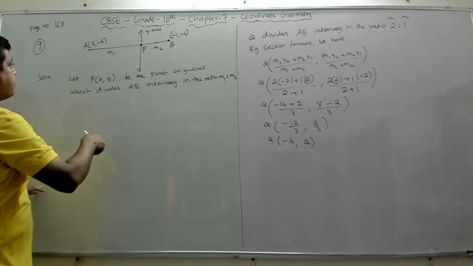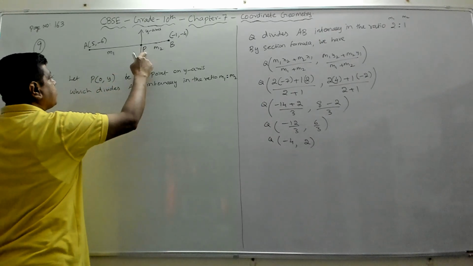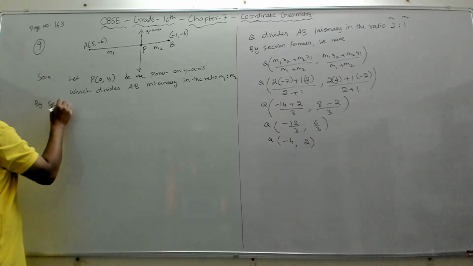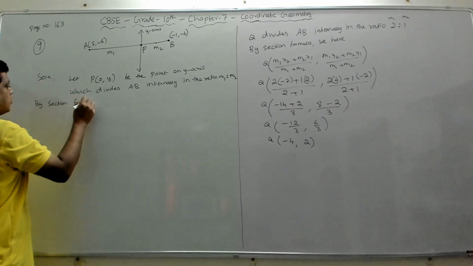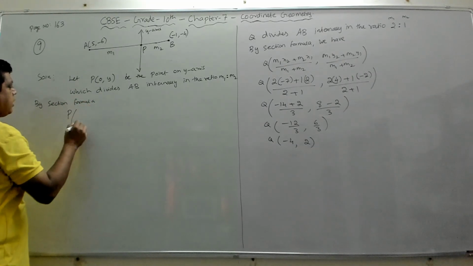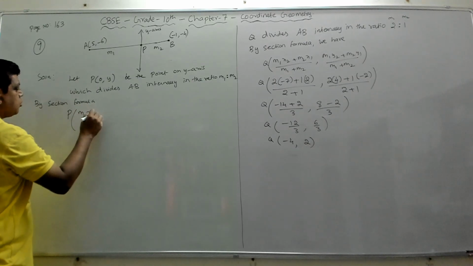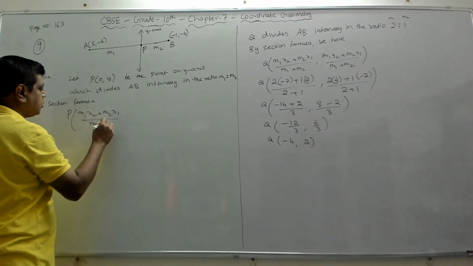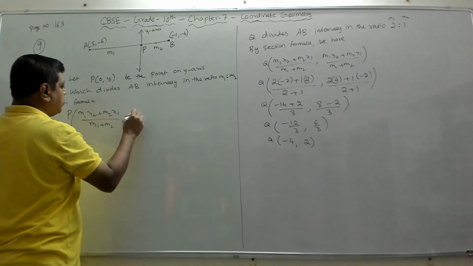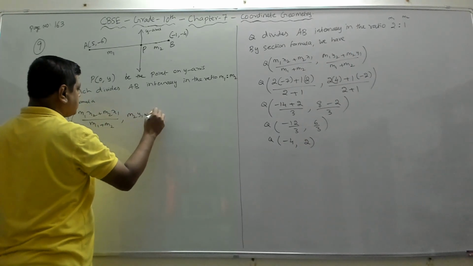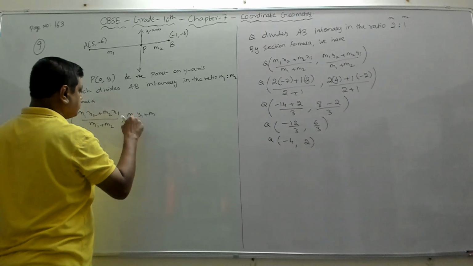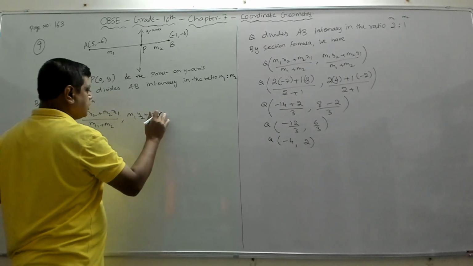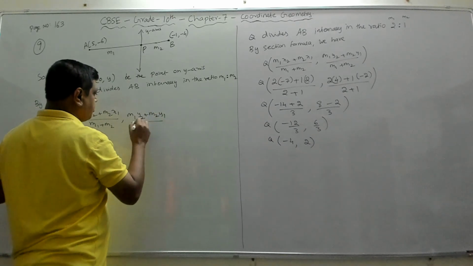Now let's write the section formula. By section formula, we can find the point P. So by section formula, P is given by M1x2 plus M2x1 by M1 plus M2, comma M1y2 plus M2y1 by M1 plus M2.